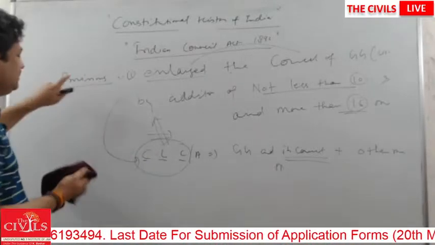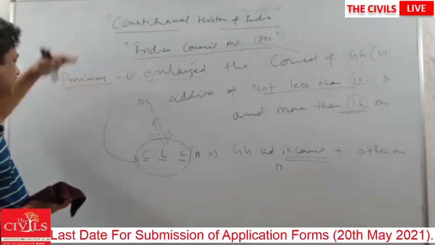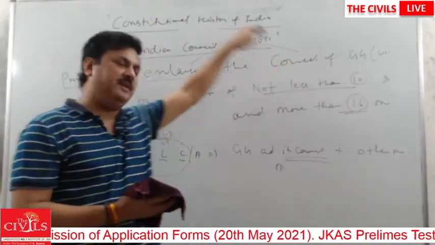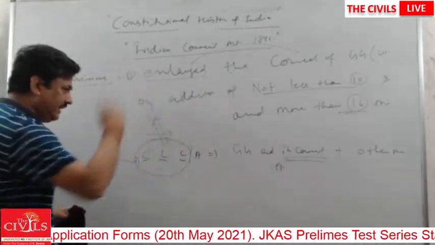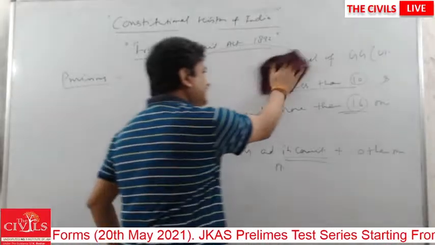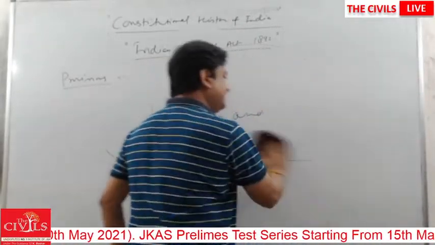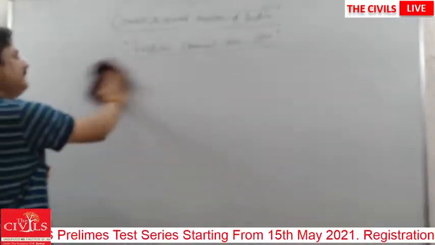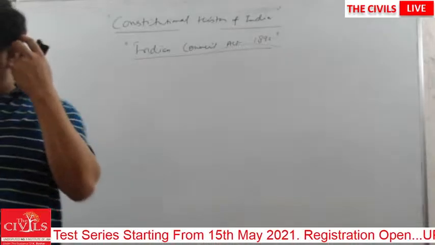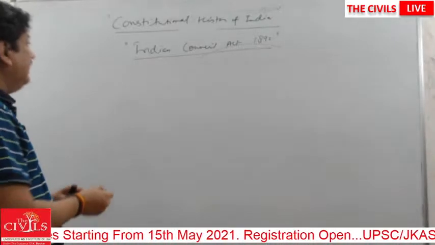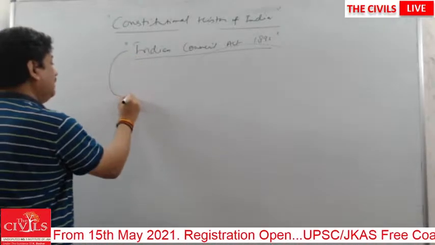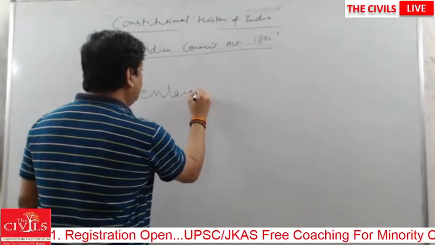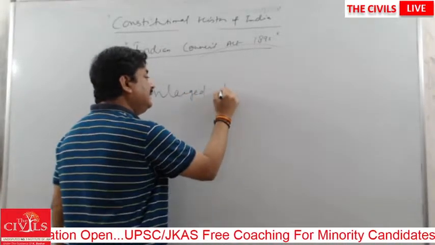So the first provision of this act was the enlargement of the Council of the Governor General. Since this was enlarged, automatically the Central Legislative Council was also enlarged. Now the second: by the act of 1861, the Governor General or Viceroy of India was empowered to create assemblies in provinces.